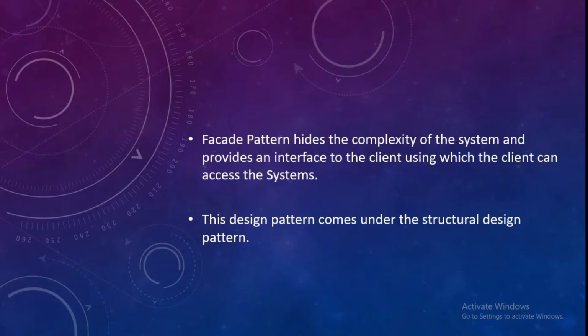Wherever we have multiple subsystems and the complexity of interaction between these subsystems is huge, at that time we implement the facade pattern to make the interaction between the client and the system easier, because the client interacts with the facade layer, and the facade layer will decide which system needs to process that particular request and provide the response.